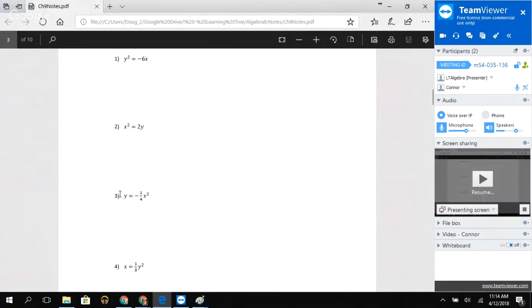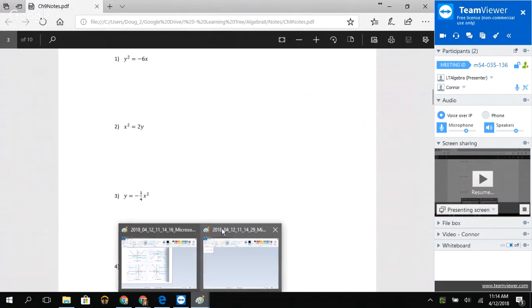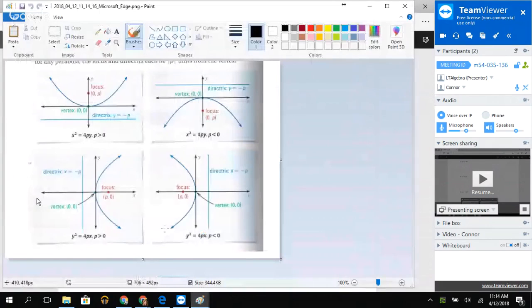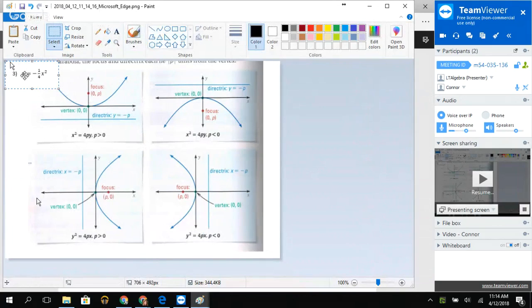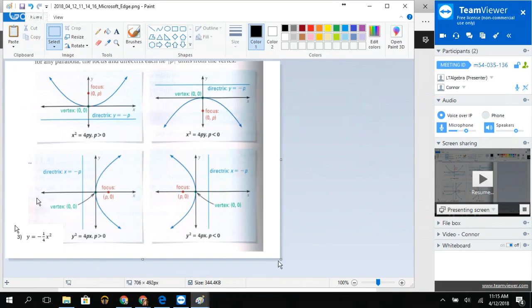Like I said, I think it's helpful, but it's more helpful to understand what you're doing than to necessarily memorize it. All right, got it. Thank you for copying.